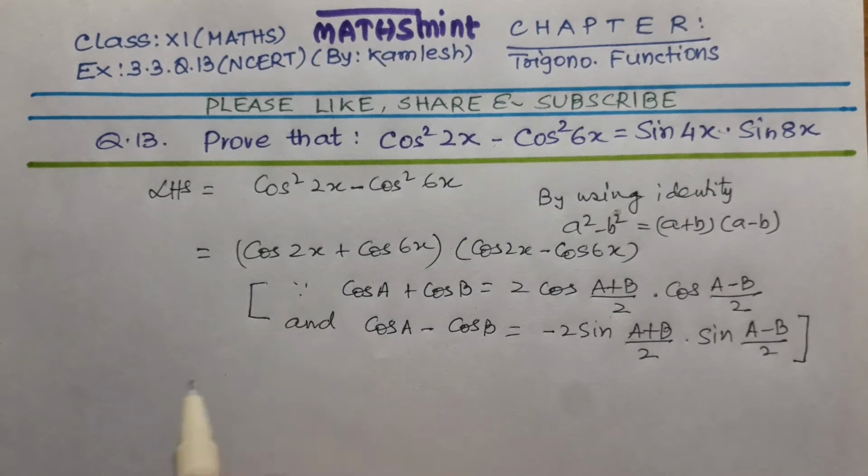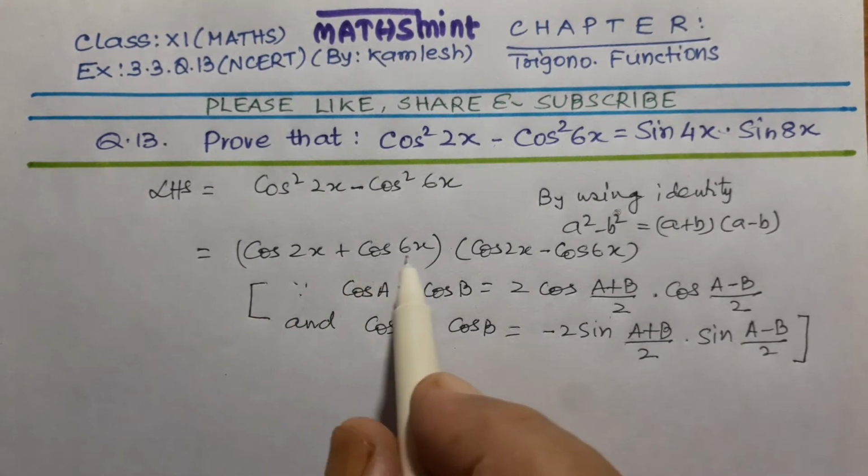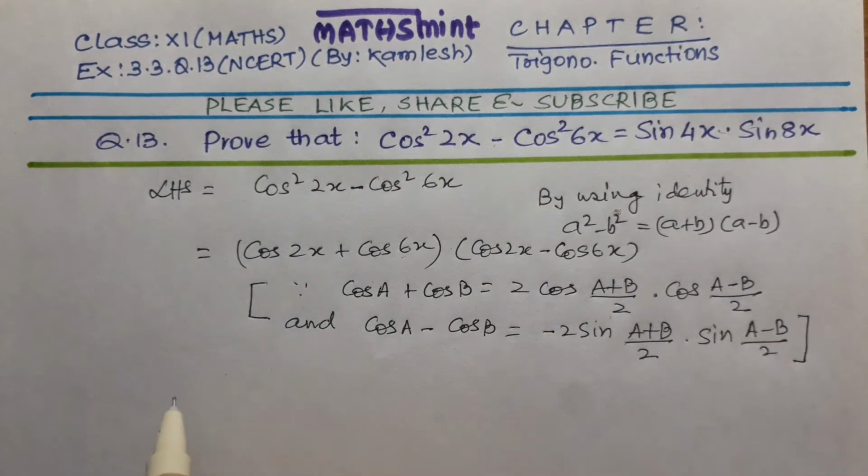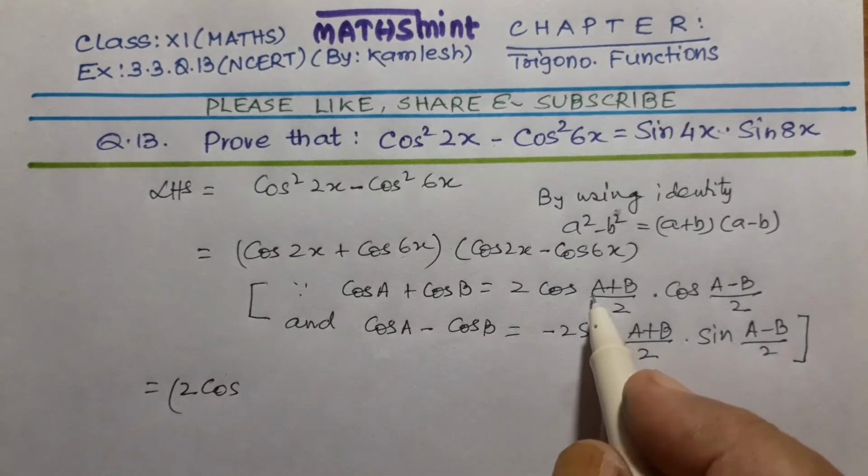So first, cos 2x plus cos 6x will be equal to 2 cos (a plus b)/2.